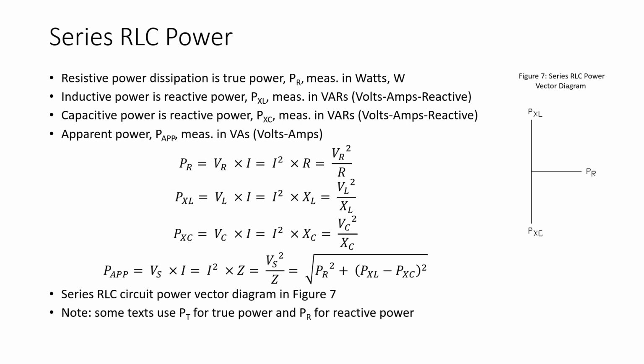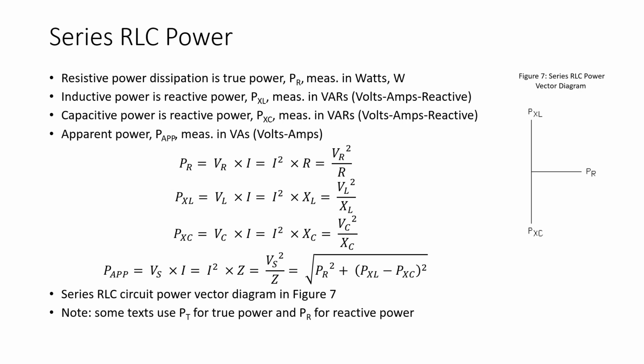The capacitive power, symbolized with P sub XC, is also measured in volts amps reactive. The apparent power is the vector sum of these powers, symbolized as P sub APP, and this is measured in volts amps.